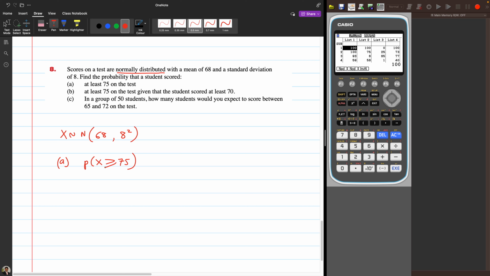Distribution, NCD, lower 75. They haven't given you the upper limit, so you put 10 to the power 10. Standard deviation 8, mean is 68, be careful, it's reverse. So 0.191.